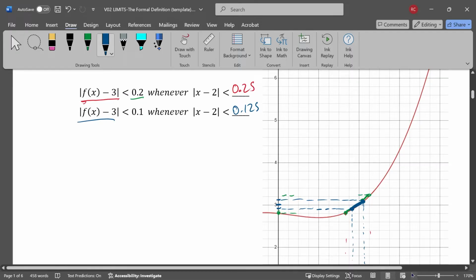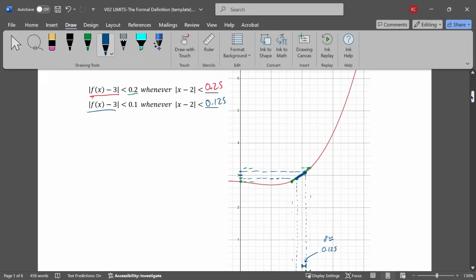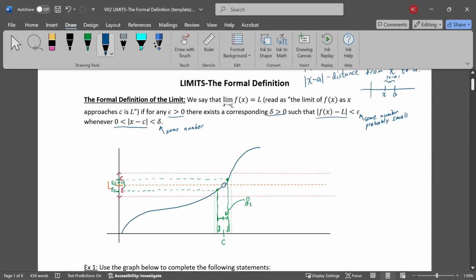Now, one little thing I want to add before we move on is a little clarification on wording here. You will see the definition of the limit worded in two slightly different ways, but they're both equivalent. Here we've said, for any epsilon greater than 0, there is a corresponding delta greater than 0, such that the distance between f of x and L is less than epsilon whenever the distance from x to c is less than delta.